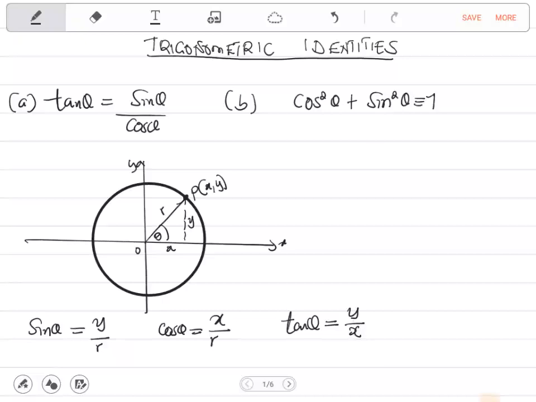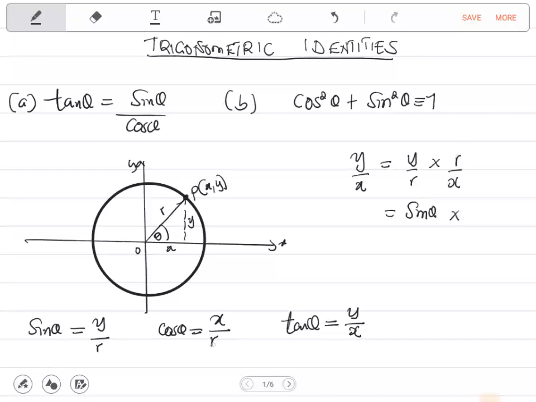Now you'd recall that y over x is just equal to y over r multiplied by r over x. Do you get it? Do you agree? Because r and r will cancel. But what is y over r? Y over r is sin theta, multiplied by r over x.